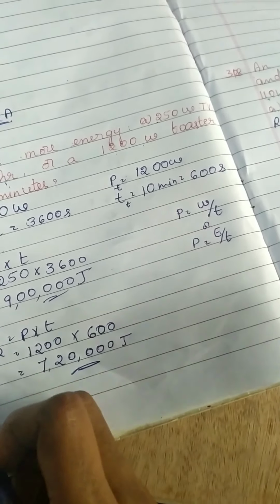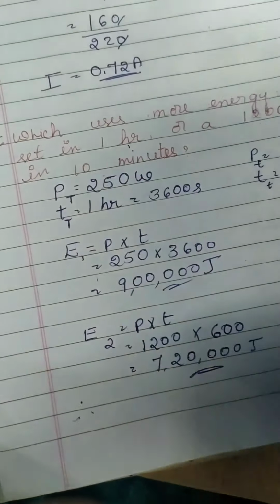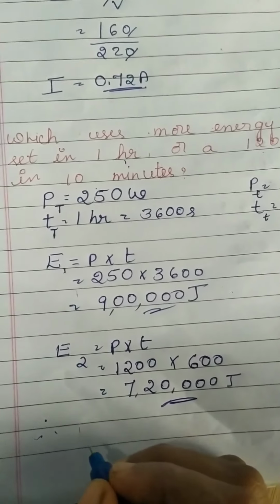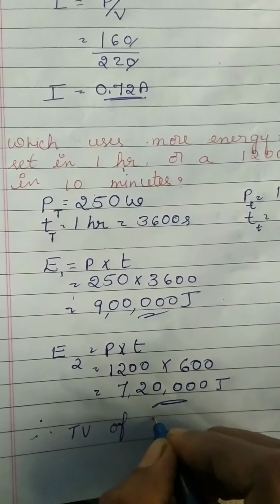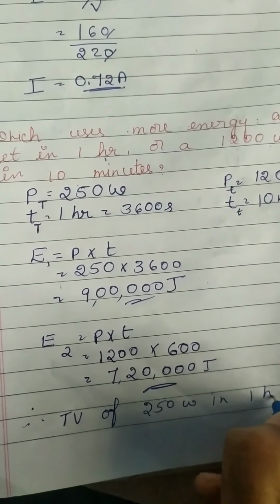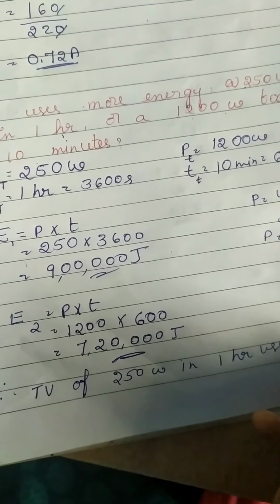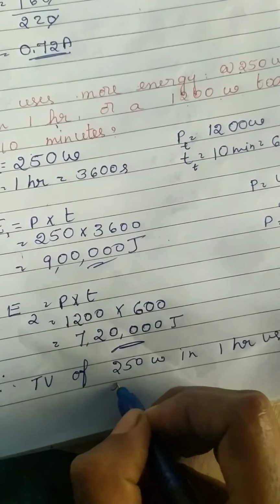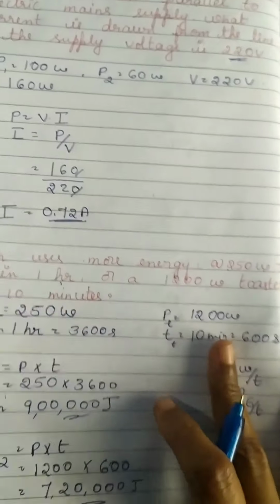Therefore, the TV of 250 watt in 1 hour uses more. See, write the conclusion. Always write the conclusion.